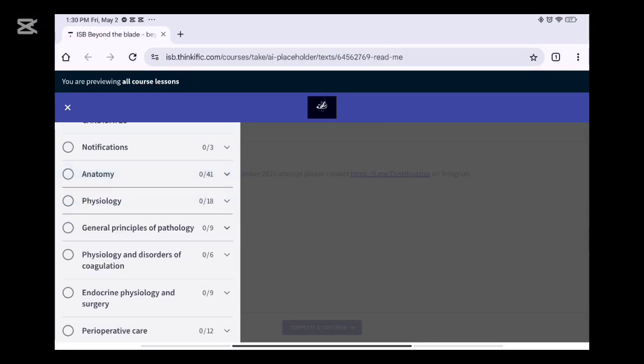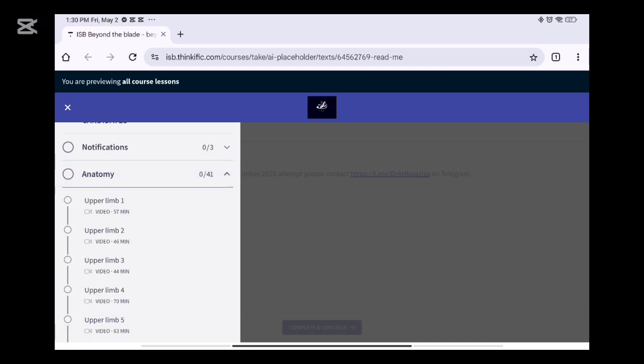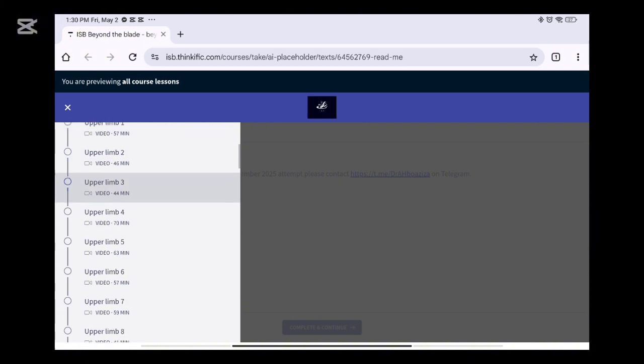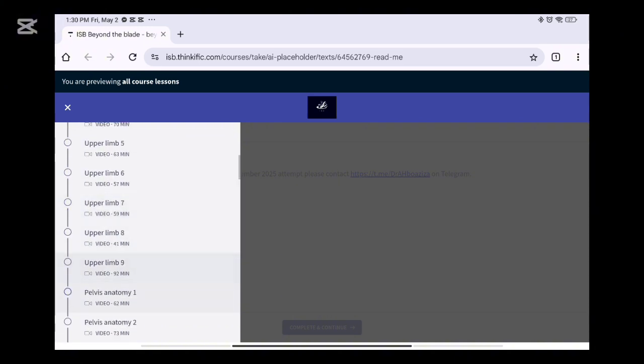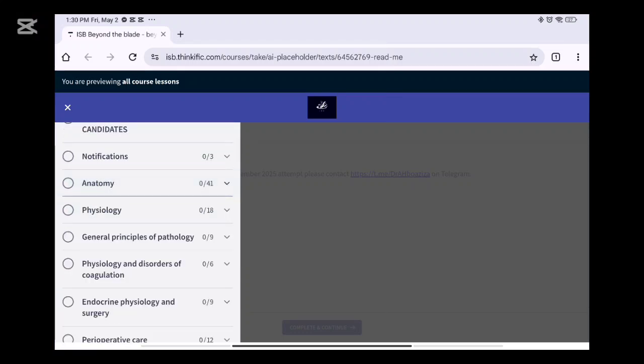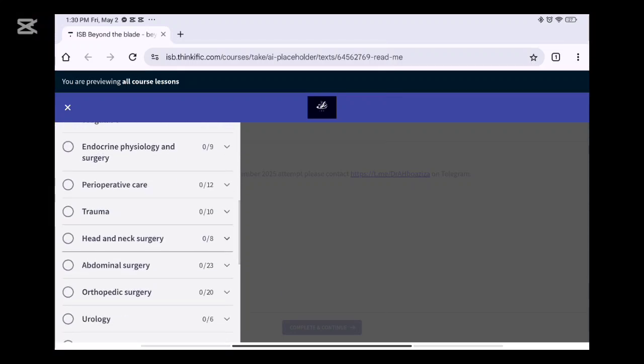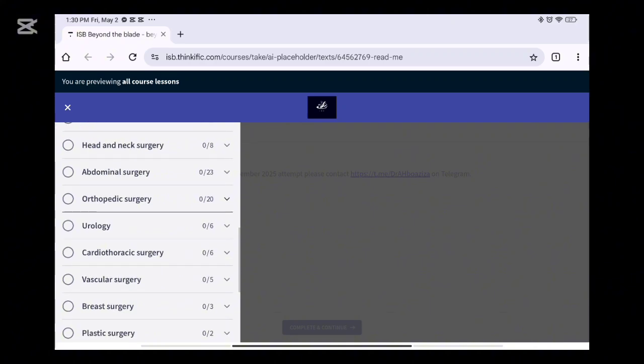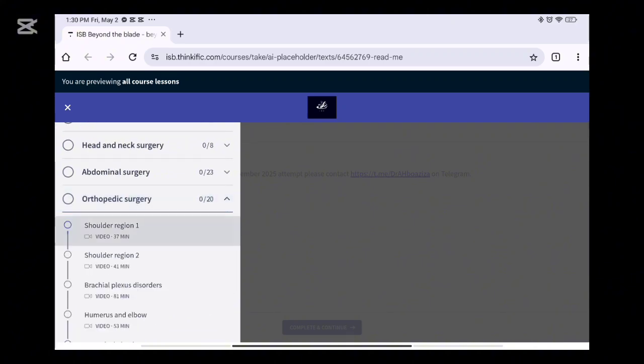It's saying anatomy, physiology, so it is going through the basic sciences first, but that's not the way that we study. So I will give you an example of how we study. Let's say you finished the upper limb anatomy lectures, you went through these lectures, and after that, in the study plan, you will see that after upper limb anatomy, you are expected to go to orthopedic surgery and study the orthopedic conditions related to that.